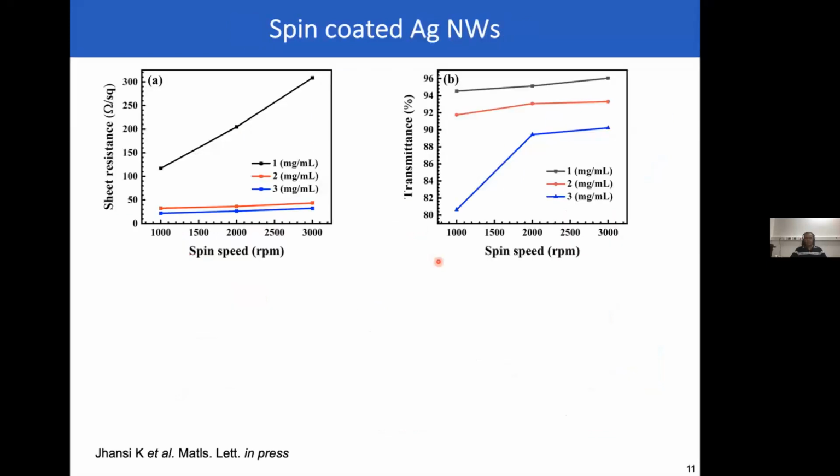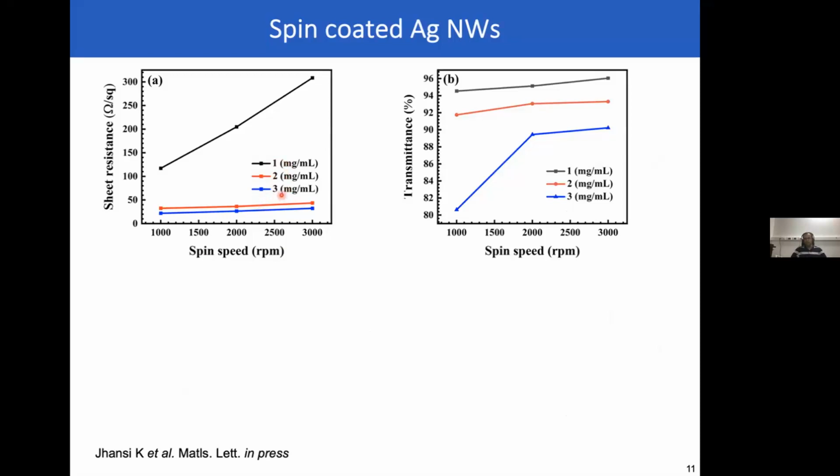So we tried to optimize the spin coating conditions, and basically we looked at the spin speed, and we also varied the concentration of the nanowires. So 1, 2, and 3 essentially means I have more nanowires going from top to bottom.